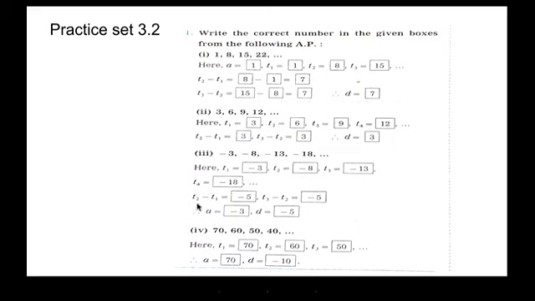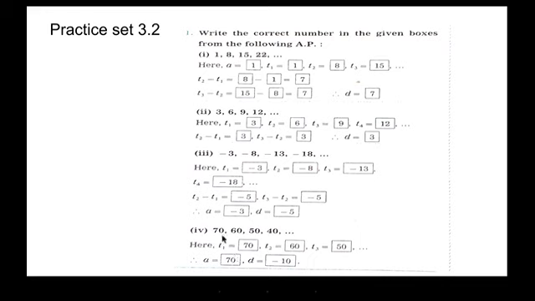The difference T2 minus T1 will be minus 5, as T2 minus T1 is minus 8 minus of minus 3. So minus 8 plus 3 will give us minus 5.